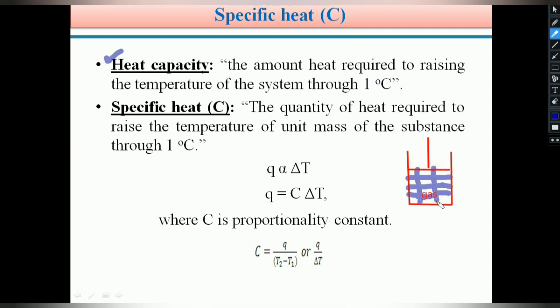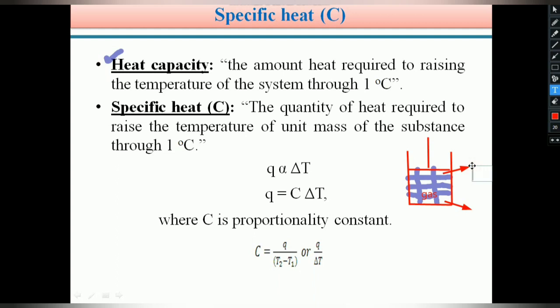Each box is a unit mass. Here you can see this box is 1 unit mass and this box is also 1 unit mass. Like this, you can divide the substance into a number of unit masses.